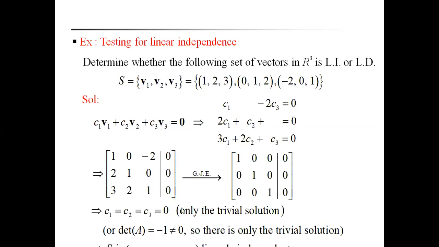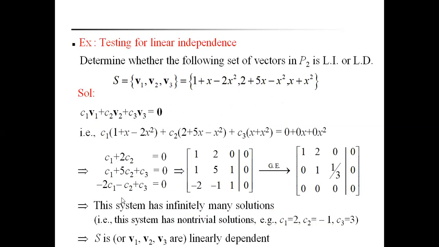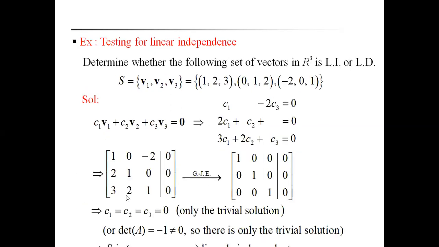C1, C2, C3 equal to 0, or otherwise we can say that if the determinant of this matrix is non-zero, then the system has a trivial solution. Therefore, by using the echelon form, this system of equations reduces to 1, 0, 0, 0, 1, 0, 0, 0, 1.